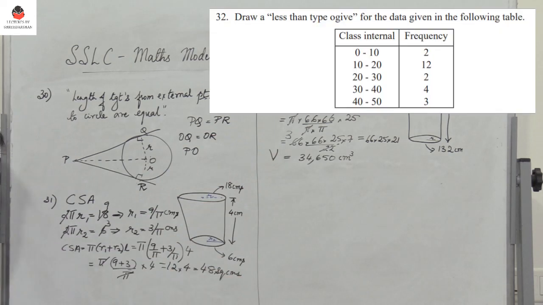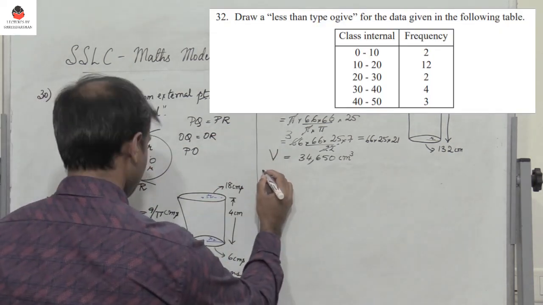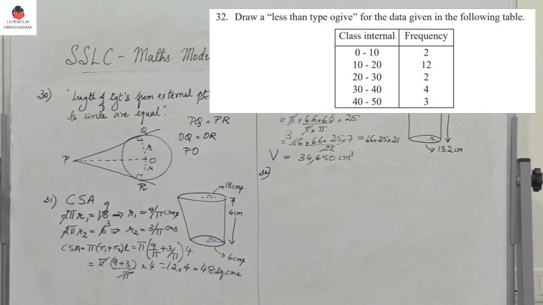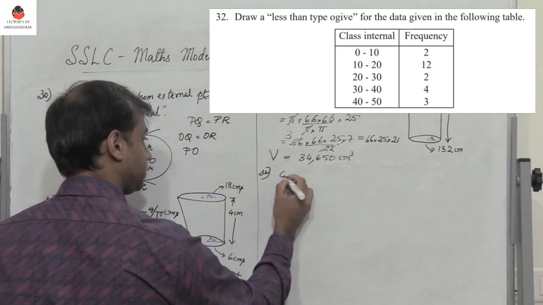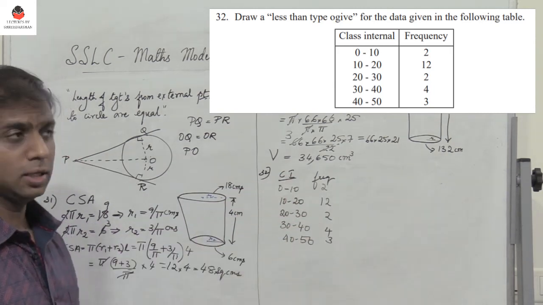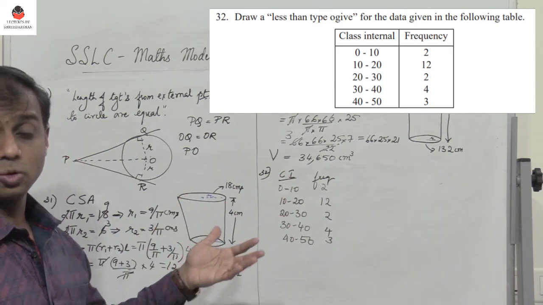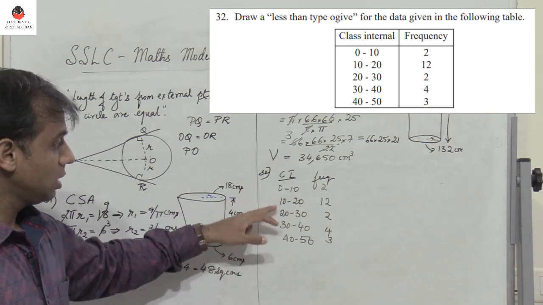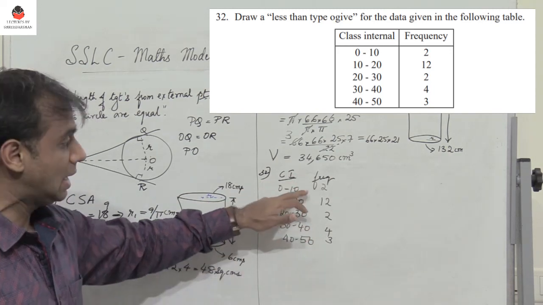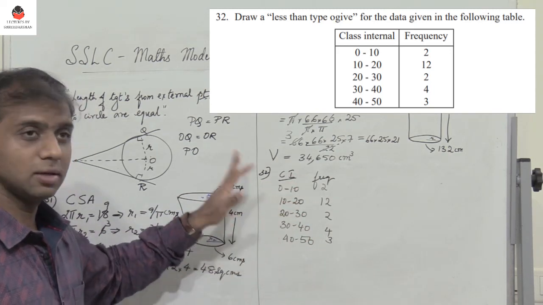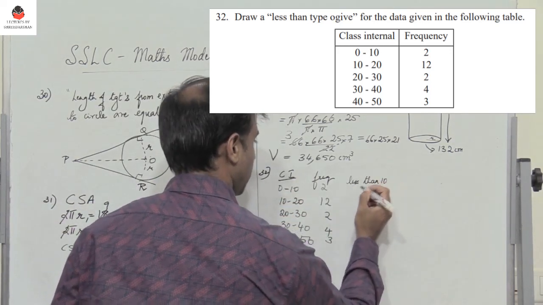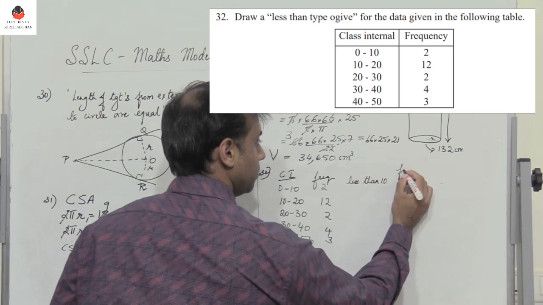So next one, draw a less than type ogive for the given data. You can see the data on your screen, and we have the class interval. This is the table, the class interval, and we find the frequency here. To draw the less than type ogive, let me take the upper limit. So let me reframe it: less than 10, less than 20, less than 30, and so on. When I have less than 10, what about the frequency?